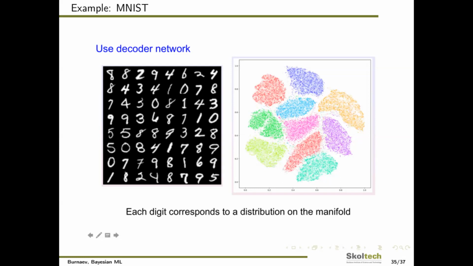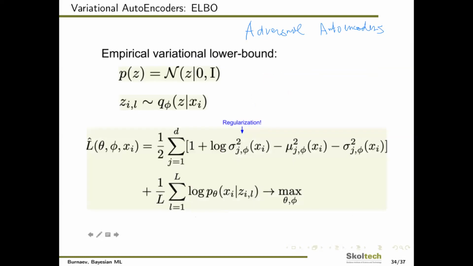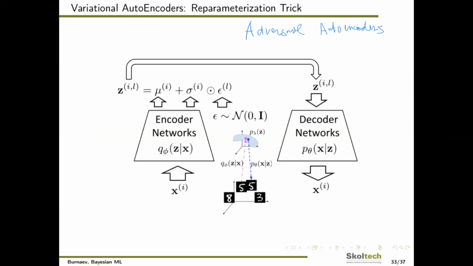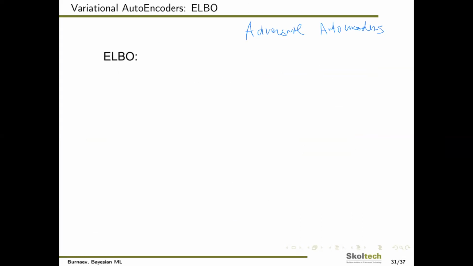Also, if you have some time, think about adversarial autoencoders. For example, in this case, we redefine the loss function basically by looking in a different way at our regularizer.